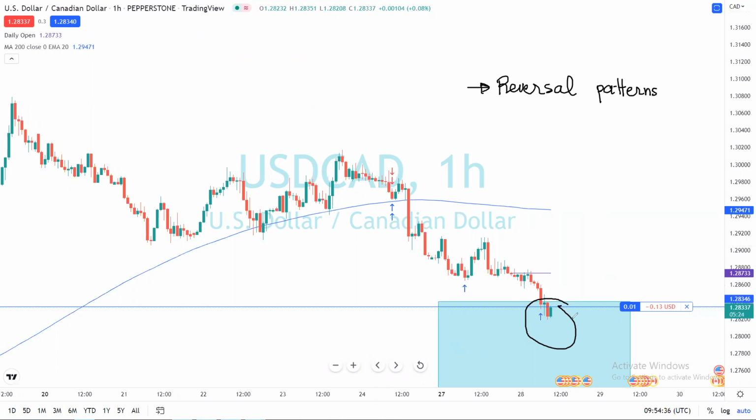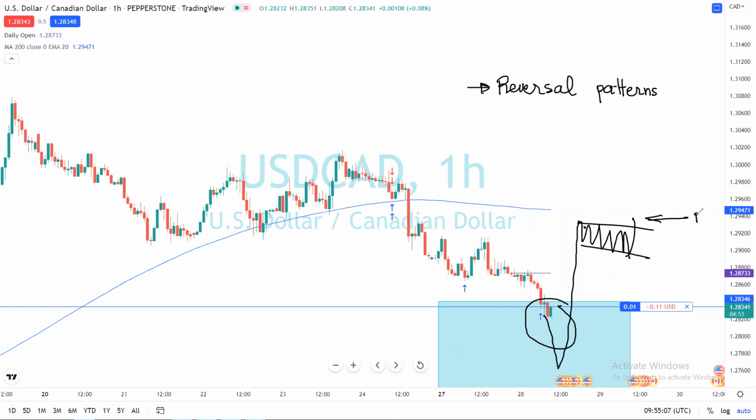And then as soon as you see that reversal pattern, you can enter with any other strategy that you use, or you can wait for the price to get into the blue box. Then when it goes out of the blue box in an impulsive move, you wait for it to give you a correction. As soon as it breaks out of that range, then you want to enter here.